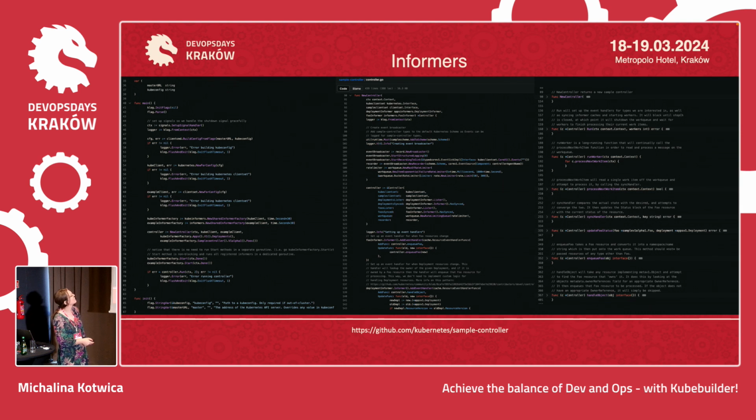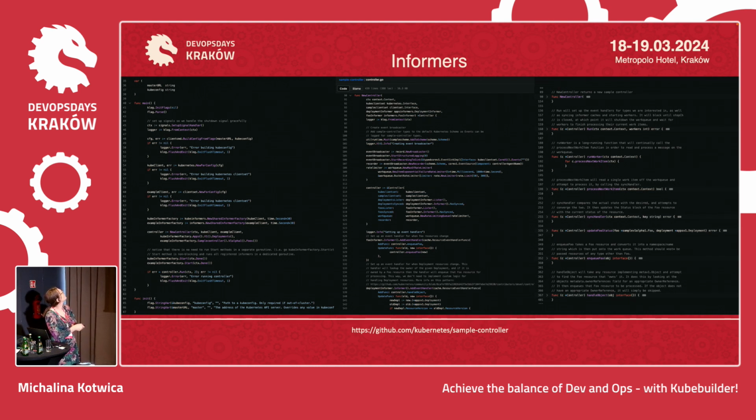I hardly know that. What's an informer? An informer is something that informs you that something is done with something. So more doing stuff. I don't like doing stuff, as you know already. You're probably fed up with that phrase already.